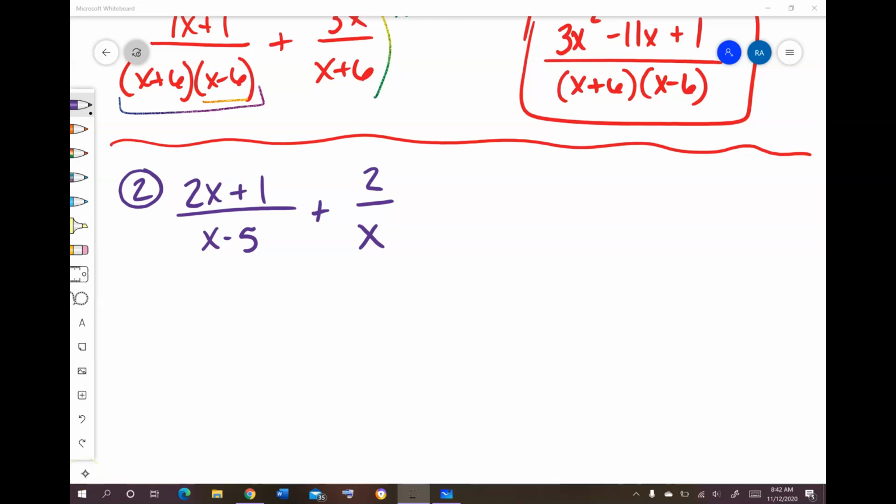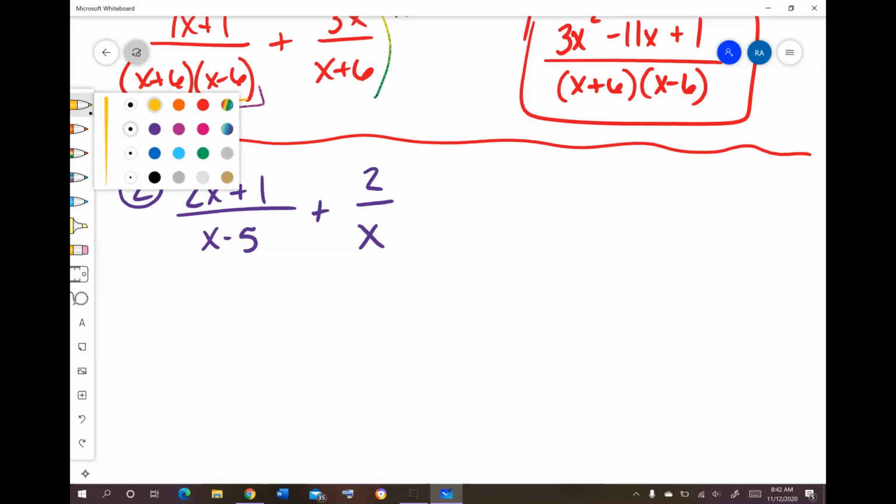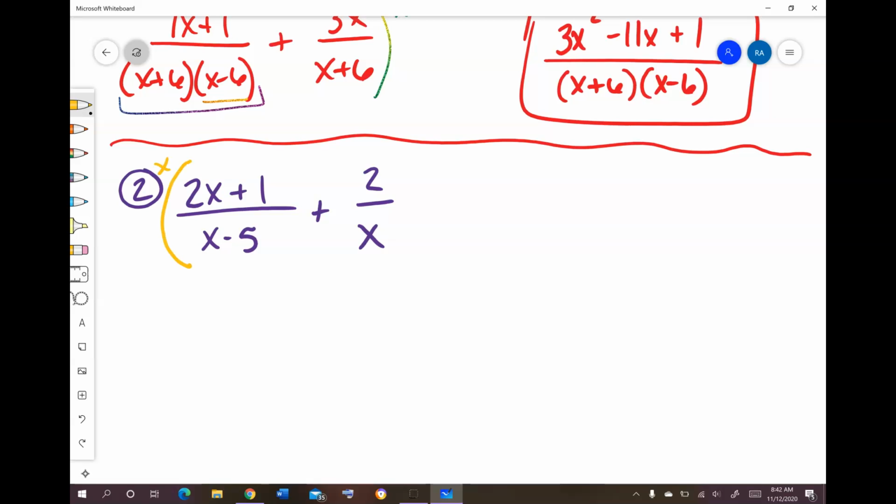Now we're going to do number 2: 2x plus 1 over x minus 5 plus 2 over x. They're both factored, so we don't have to worry about factoring the denominators. A common mistake is thinking, this one's got an x and this one's got an x. No. This is x minus 5 and this is x. Really, these two denominators have nothing in common. So we multiply this side by the other denominator, and this side by the first denominator.